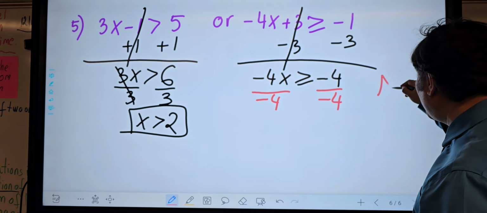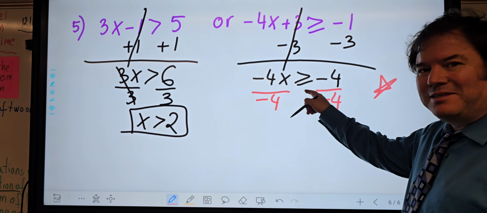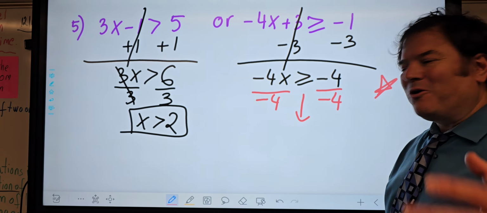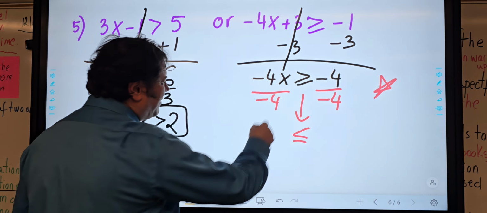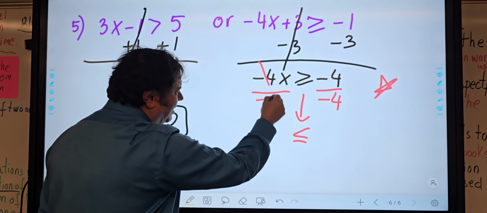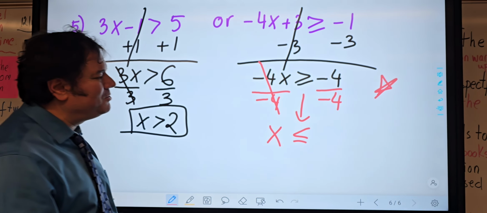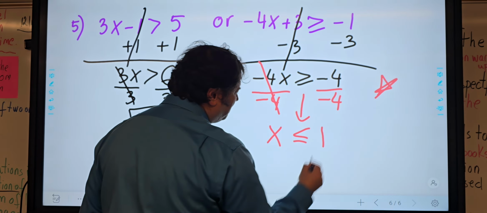Again, I'm going to put a star by this because you have to remember that the sign is going to change. It flips around from greater than or equal to, now becomes less than or equal to. Okay? Negative divided by negative becomes a positive. 4 divided by 4 becomes a 1x. So we have x less than or equal to negative 4 divided by negative 4 becomes a positive 1.